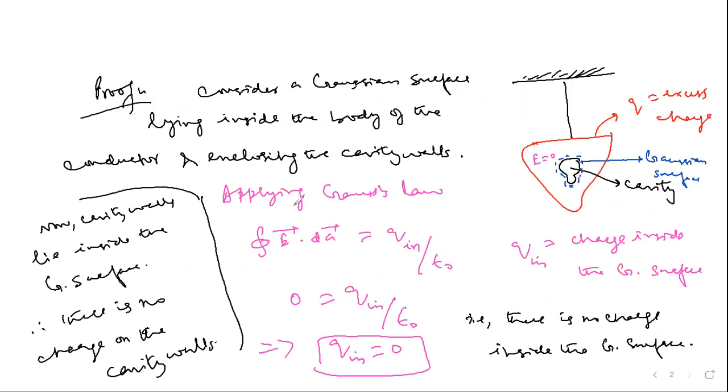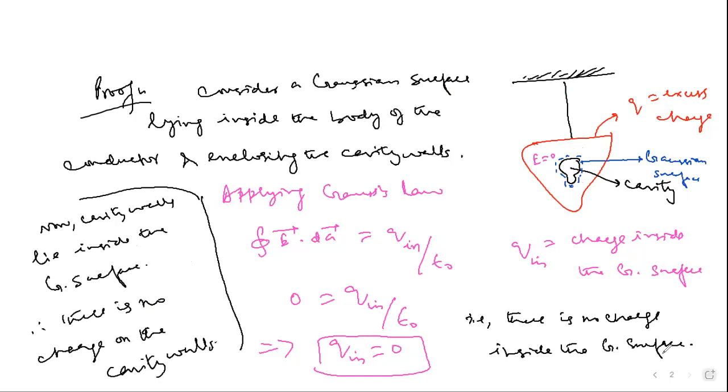So we said, applying Gauss's law to our Gaussian surface, it lies within the body of the conductor. There is no electric field inside the body, so flux through the surface is zero. Q inside is zero, and there is no charge inside the Gaussian surface. Now cavity walls lie inside the Gaussian surface. Therefore, there is no charge on the cavity walls.